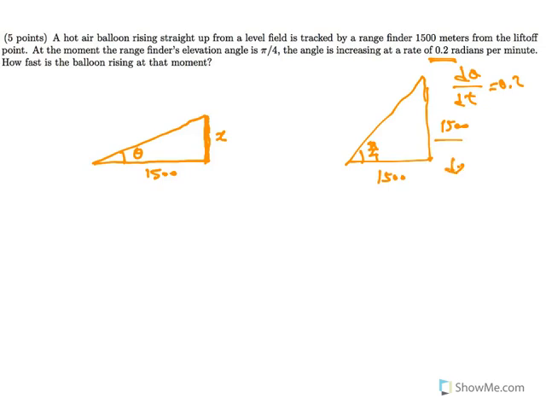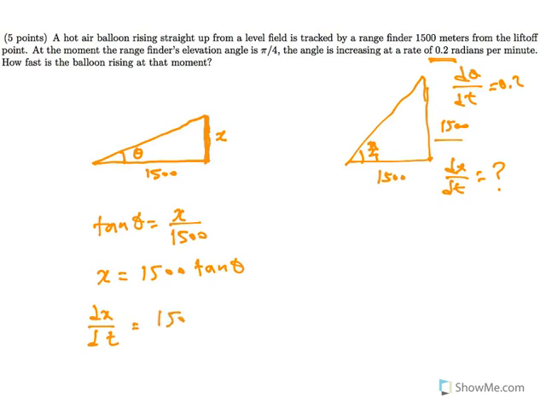We are looking for dx dt at this point. This is the relationship between x and theta. Tan of theta is x over 1500, meaning x is 1500 tan of theta. Dx dt is 1500 secant squared of theta times d theta dt.